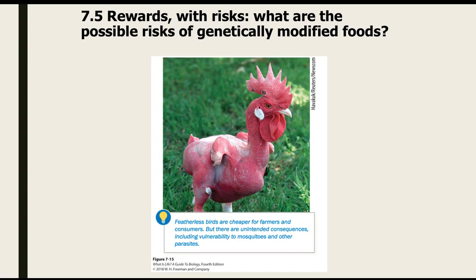However, unbeknownst to the people who invented these chickens, they're really vulnerable to mosquitoes and parasites and disease, and they're super sensitive to sunlight, so they get sunburned. And of course, they also have trouble mating because the female chickens really prefer male chickens with feathers, even if they don't have feathers themselves.